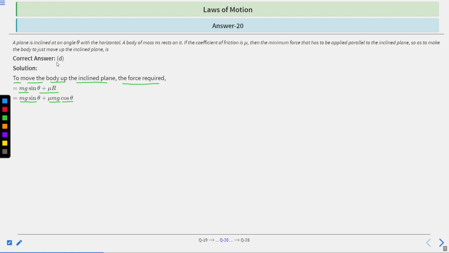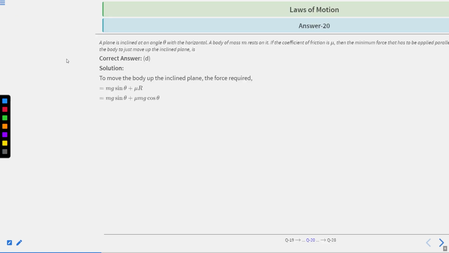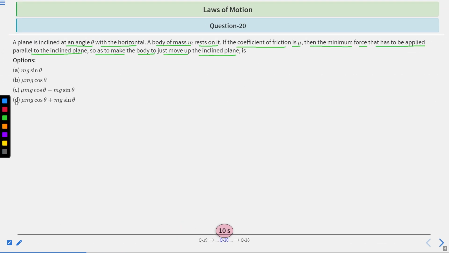So the correct answer is D. D is the correct answer: mu mg cos theta plus mg sin theta.